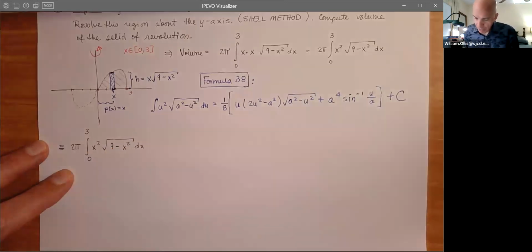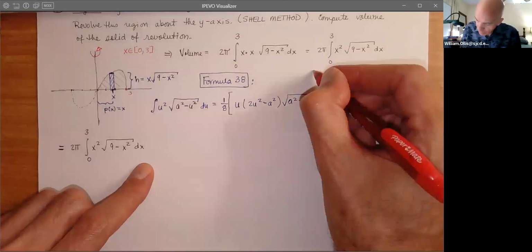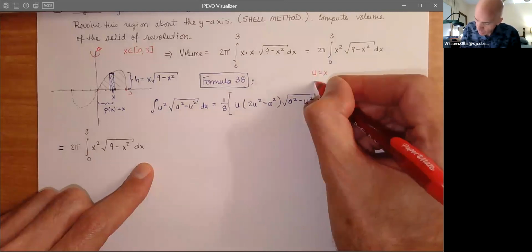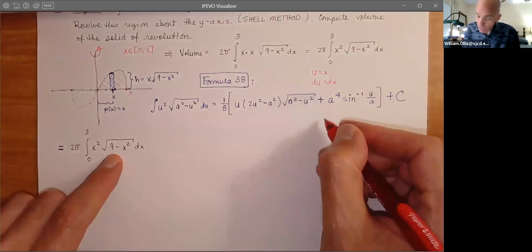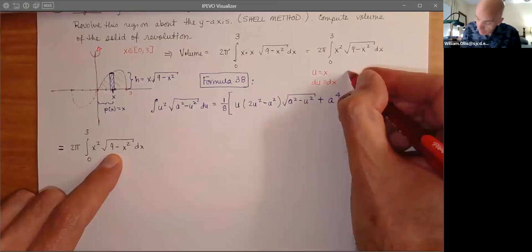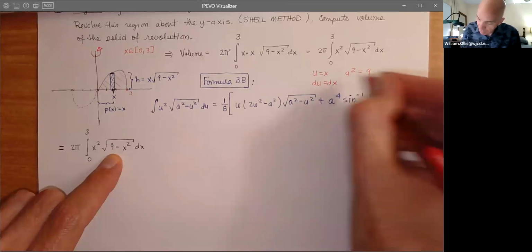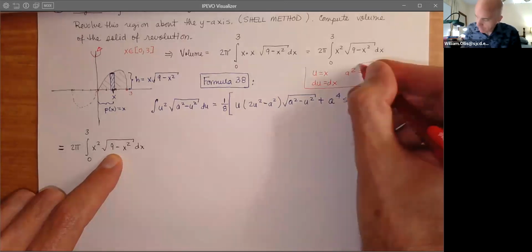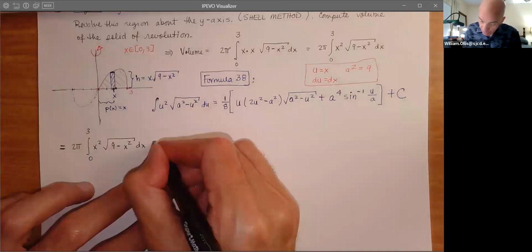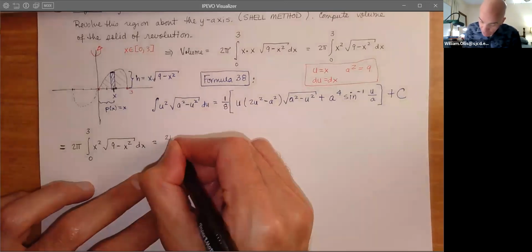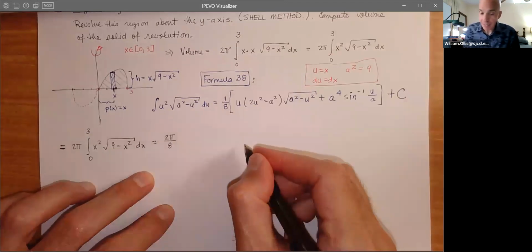When we make the comparison here, we see that u equals x, so du equals dx. And then a squared equals 9. So this is table ready. This will equal 2 pi times 1/8, so 2 pi divided by 8.